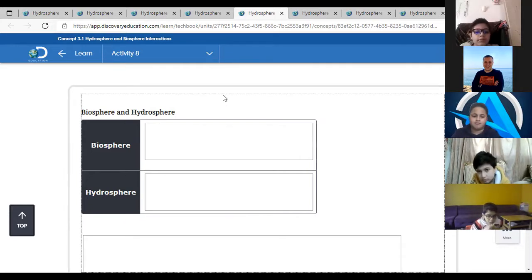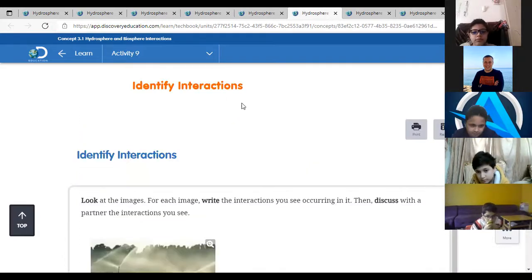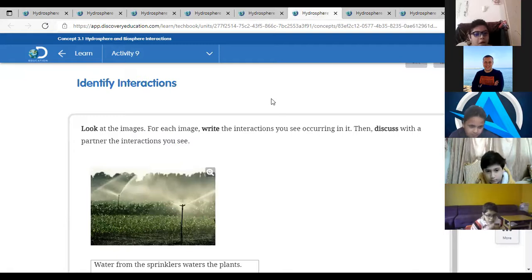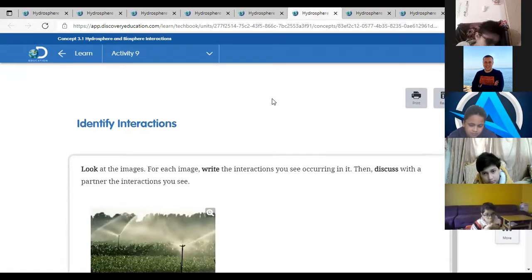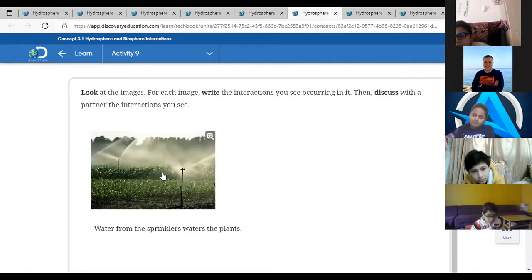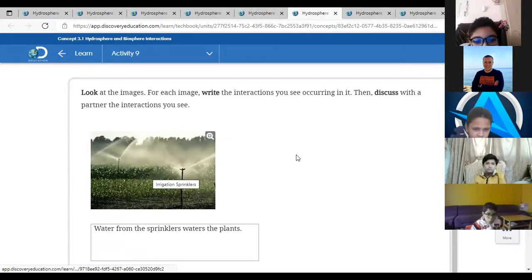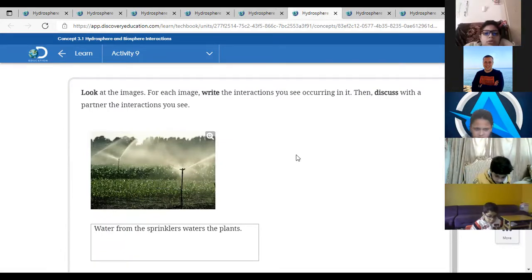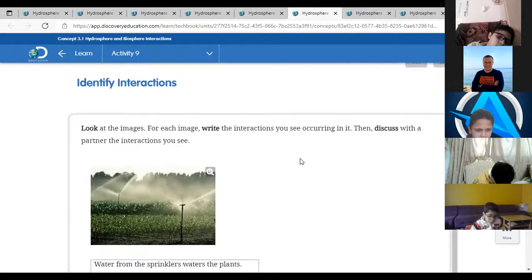Okay, guys, now let's move to the next activity. This is activity number 9. Identify interactions. In this one, we will look at the images, then write the interactions that you see occurring in these pictures. The first picture here is a picture of water sprinklers that spray water over plants, right?